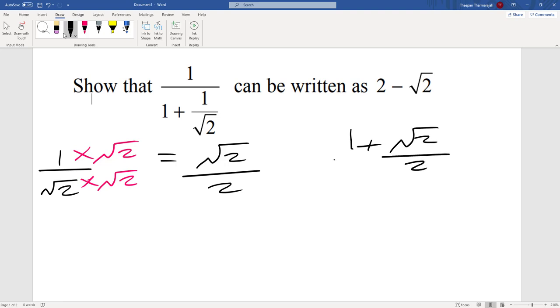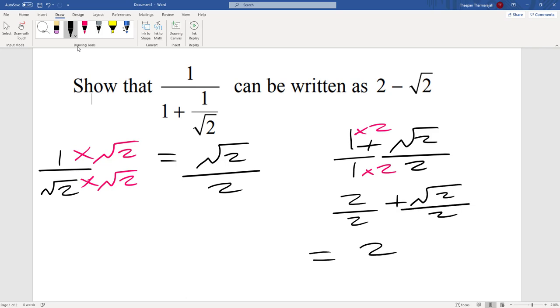Now that's going to be over 1, so we need to make the denominators the same. Times by 2, times that by 2. So that's going to give me 2 over 2 plus root 2 over 2. Now that can be simplified to be 2 plus root 2 all over 2.